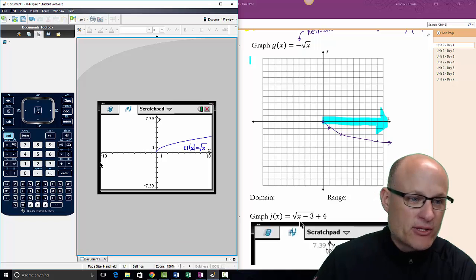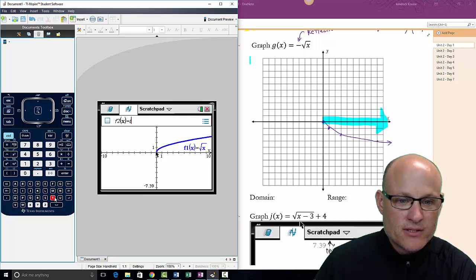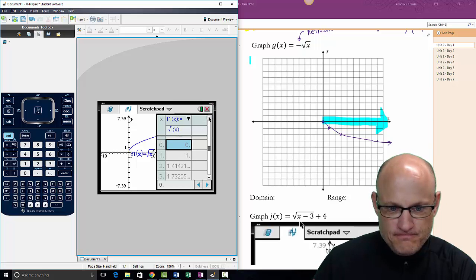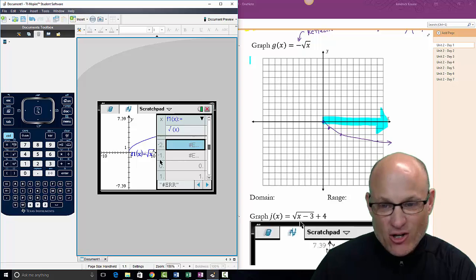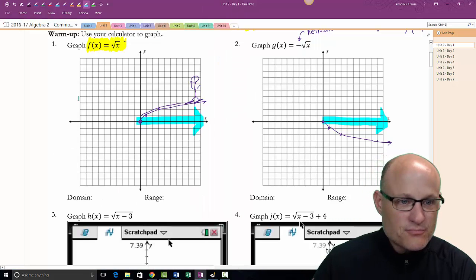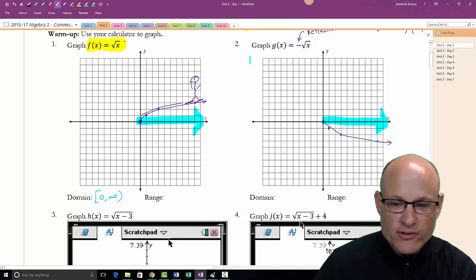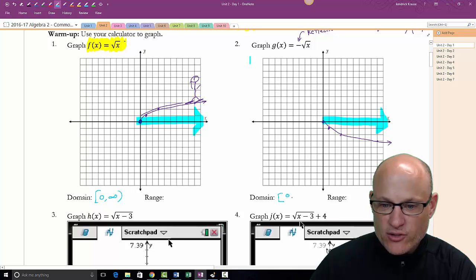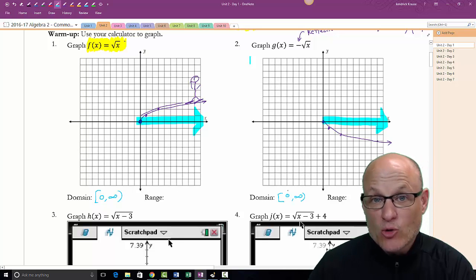And again, if we go over to our table here, Control T, taking the square root of a negative, look what it says: error, right? It's an error. Can't do it. So the domain for these is bracket 0, comma, infinity, parenthesis. Bracket 0, comma, infinity. Both of them are going to go to the right.